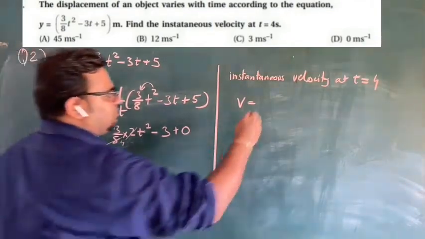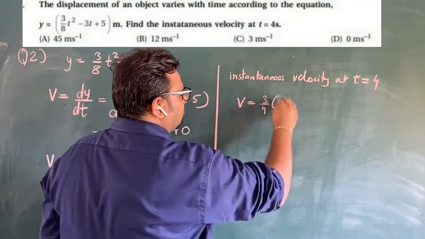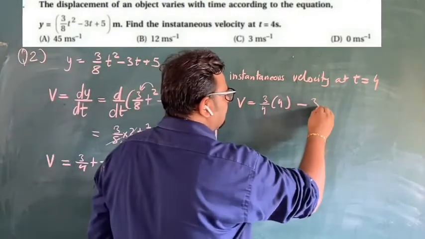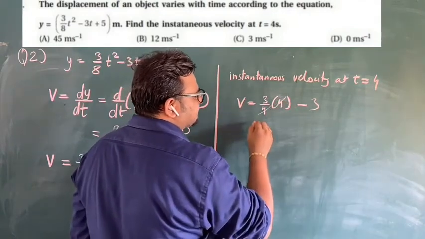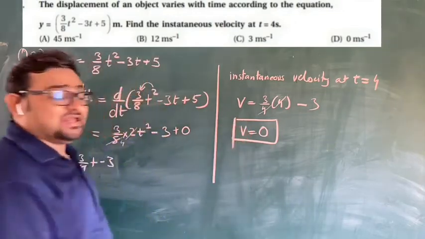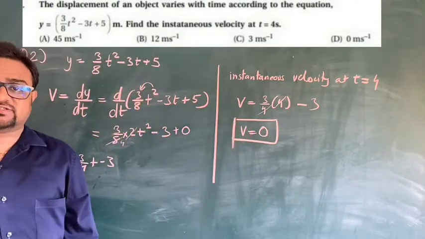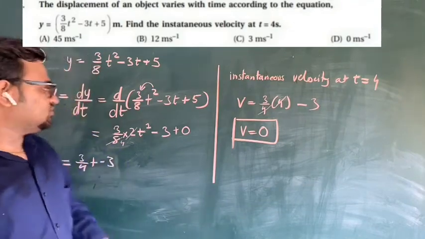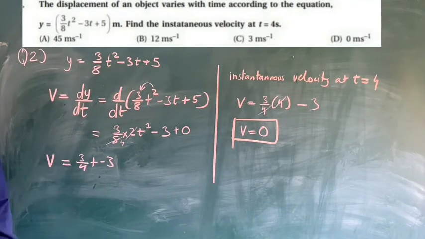So 3 by 4 into 4 minus 3. The 4s get cancelled. It's 3 minus 3. Velocity is 0. That means the body is at rest at t equal to 4 seconds. So note down question number 2.